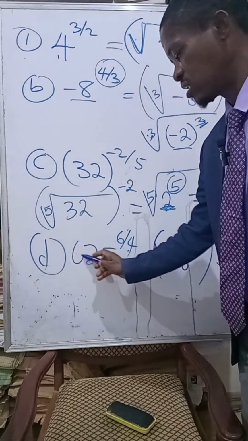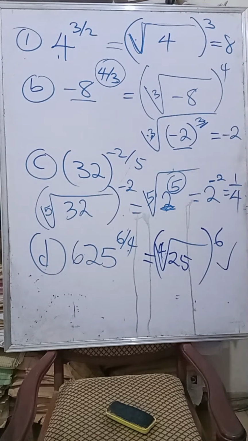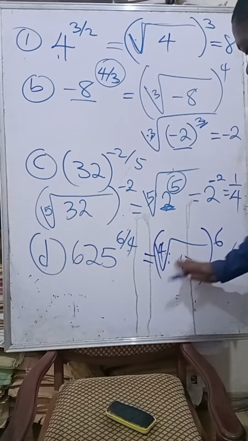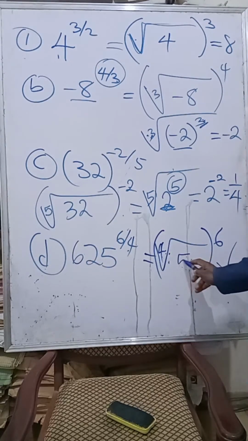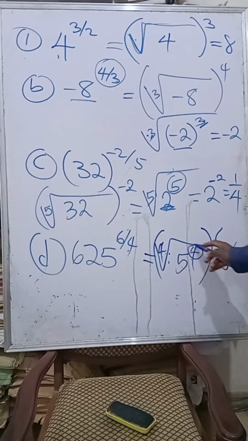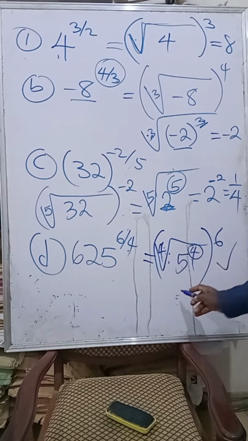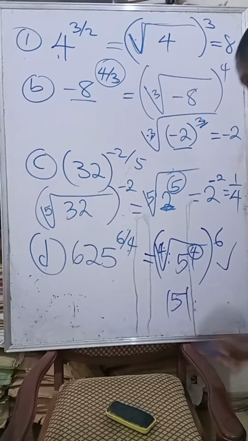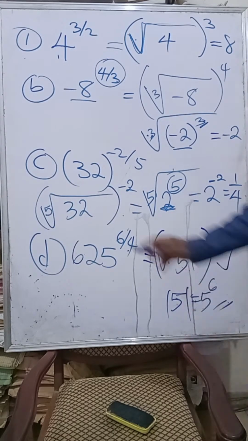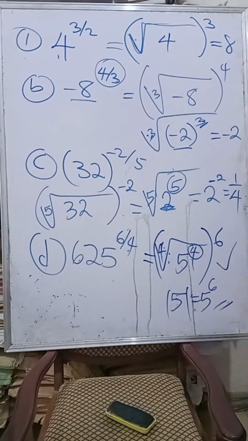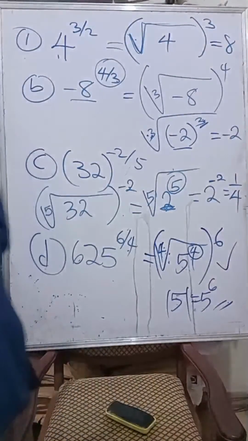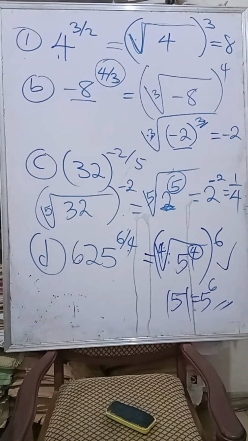If this one is 6 over 5, then 5 to the power 4, and this is even, so it is equal to the absolute value of 5, which is 5 to the power 6, if I change that one to 6. So that's that on those questions.